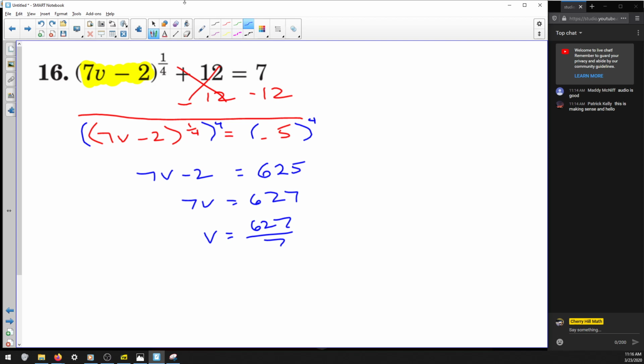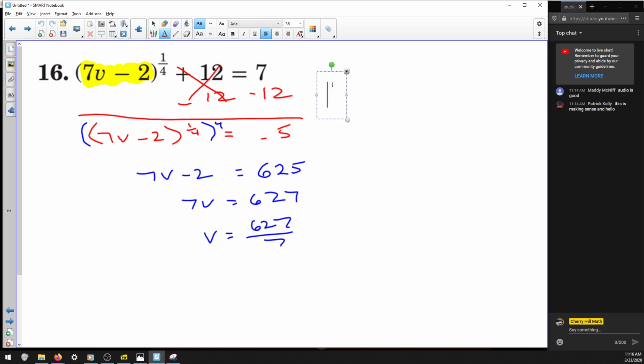Here's how I know it's extraneous. Let me go back to this original step right here. When I got the radical alone and I was ready to raise this to the 4th power, if you notice, I have something being 4th rooted, and on the other side I have a negative. So here's a rule for you. I'm going to actually type it out because I think it's an important one.